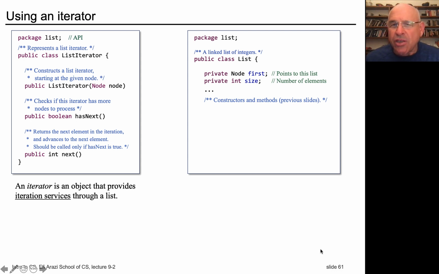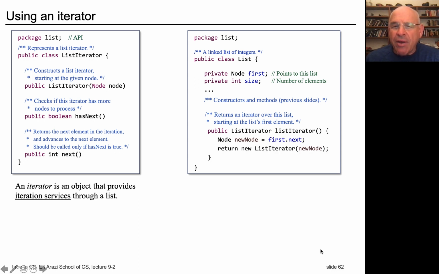The agent, so to speak, that uses the list iterator is the list class itself. And the list class itself has this strange method, listIterator, that returns a ListIterator object. Now, notice how it does it.